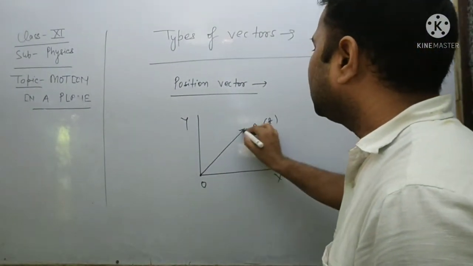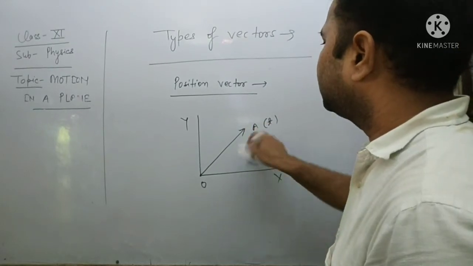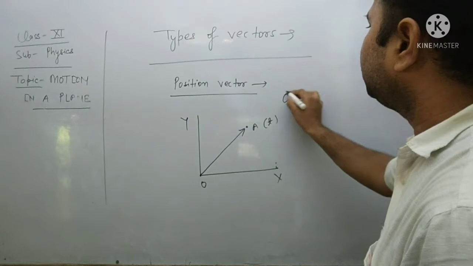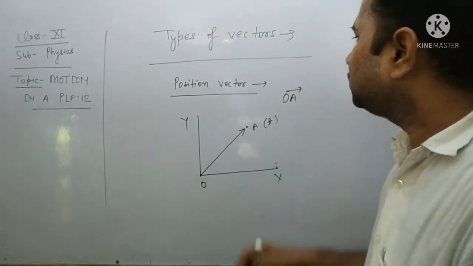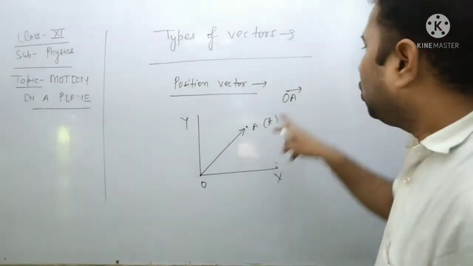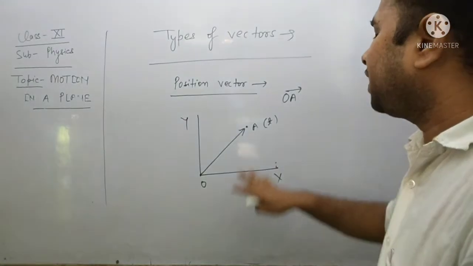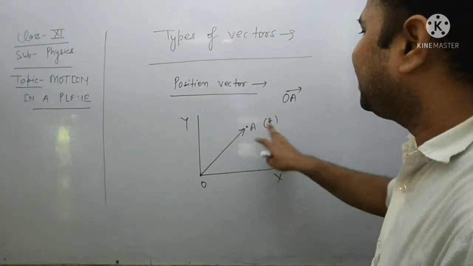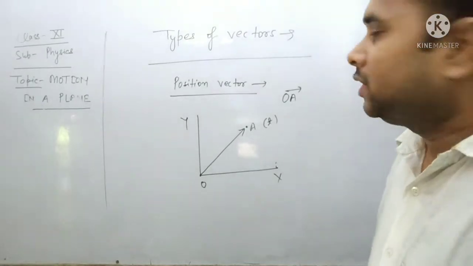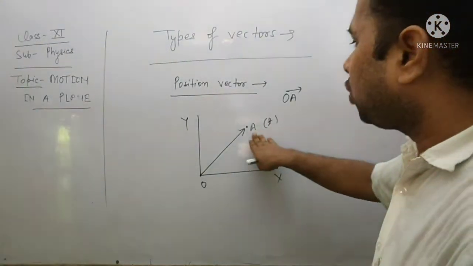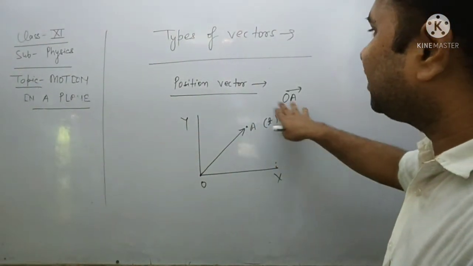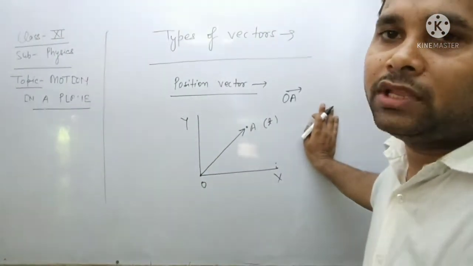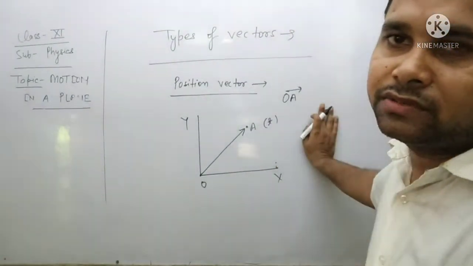So this vector you can mark here, OA vector, O to A. This is the OA vector. OA vector is the position vector of the body which is at A at an instant of time t. Position vector of a body represents two things.